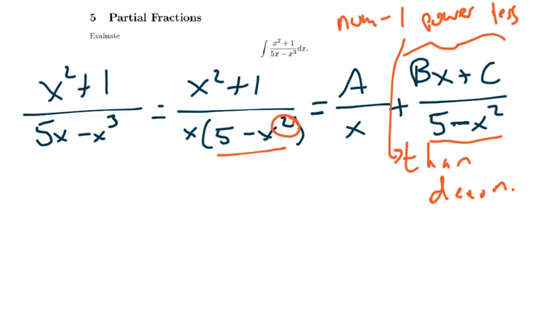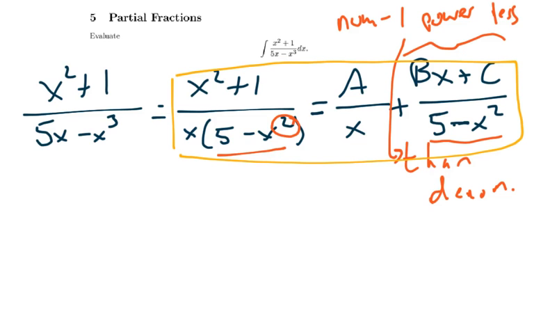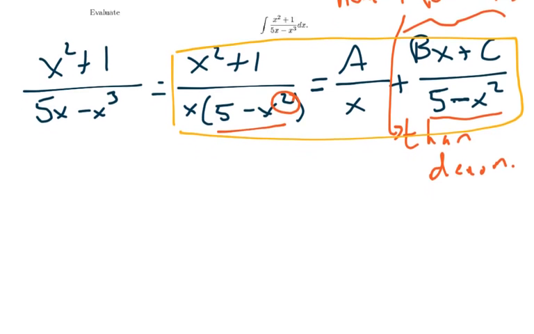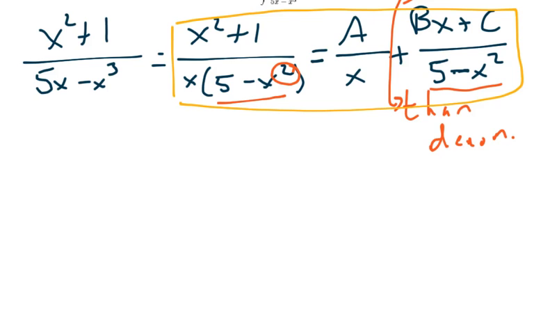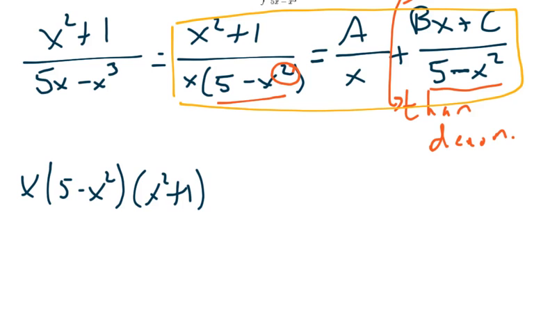Once we have this, really what we want to work with is this stuff. The way I like to do this is to multiply everything by the denominator. So we have x squared plus 1 on the left hand side, and on the right we multiply by x times 5 minus x squared.